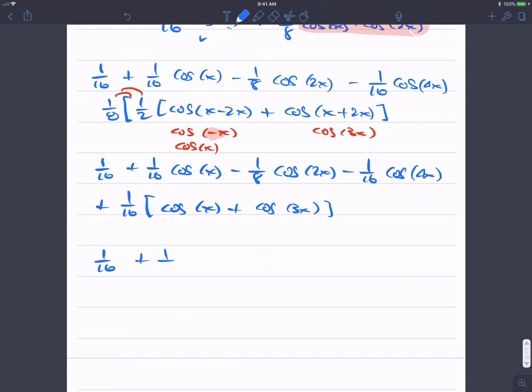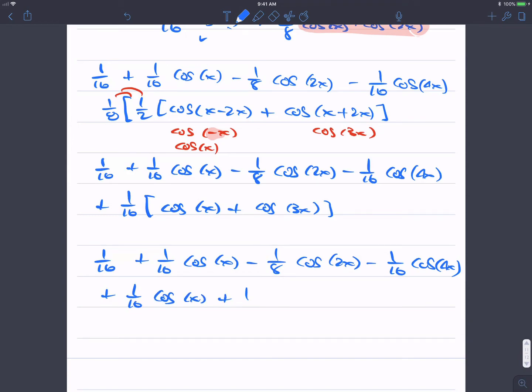1/16 plus 1/16 cosine of x minus 1/8 cosine 2x minus 1/16 cosine 4x plus 1/16 cosine x plus 1/16 cosine of 3x.